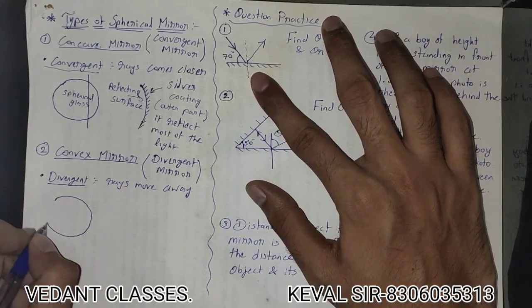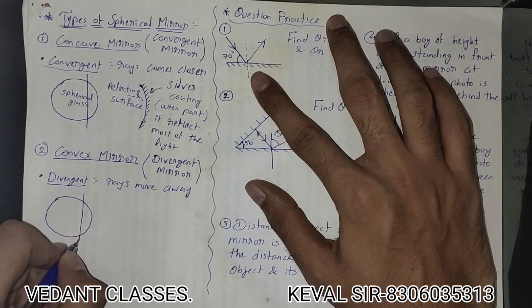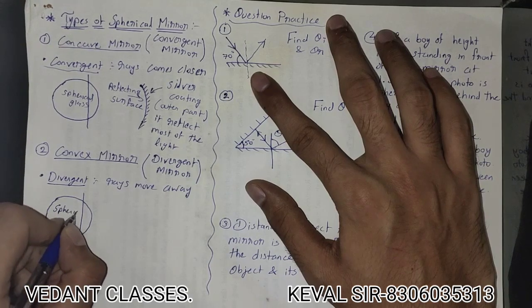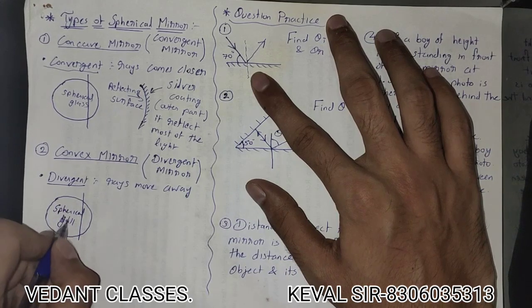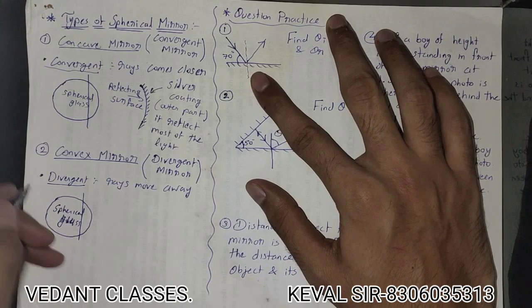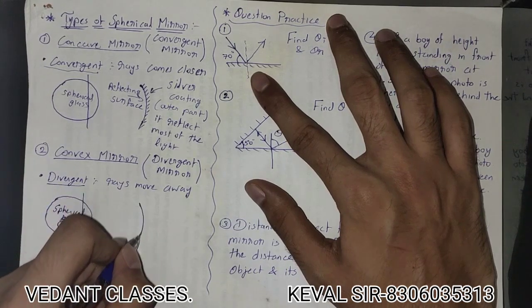Now let's consider a spherical glass ball. If you cut the surface from it, then it will be like this.